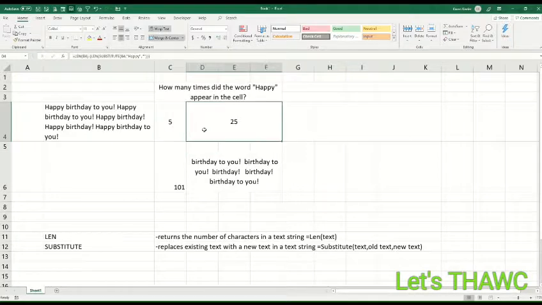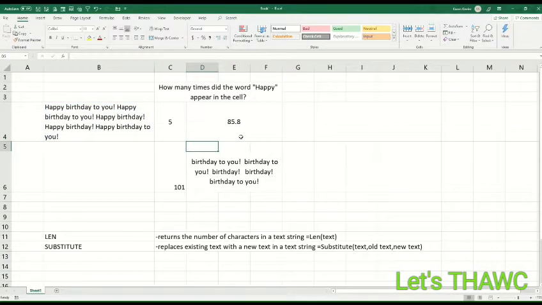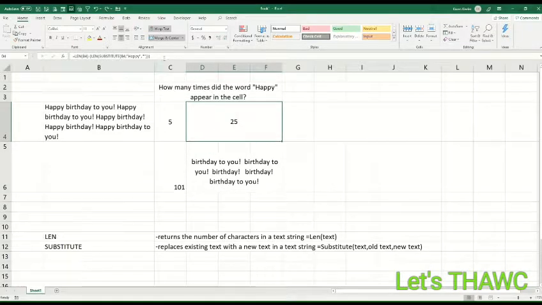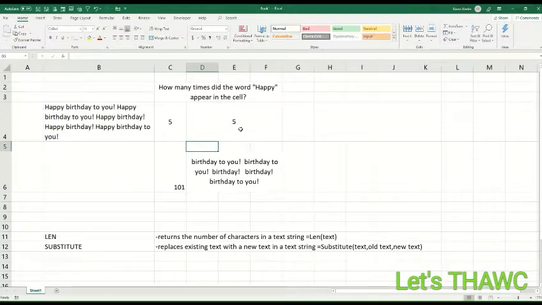What we need to do right now is divide this by the number of characters in the word happy, which is 5. Let's just enclose the whole formula and then divide it by 5. So that's how you are going to be able to find out how many instances the word happy has appeared in the cell.